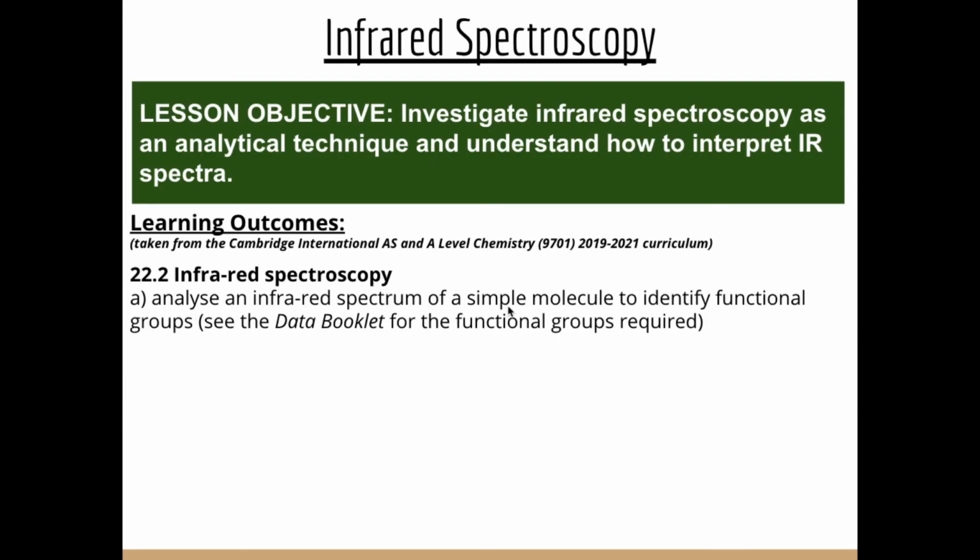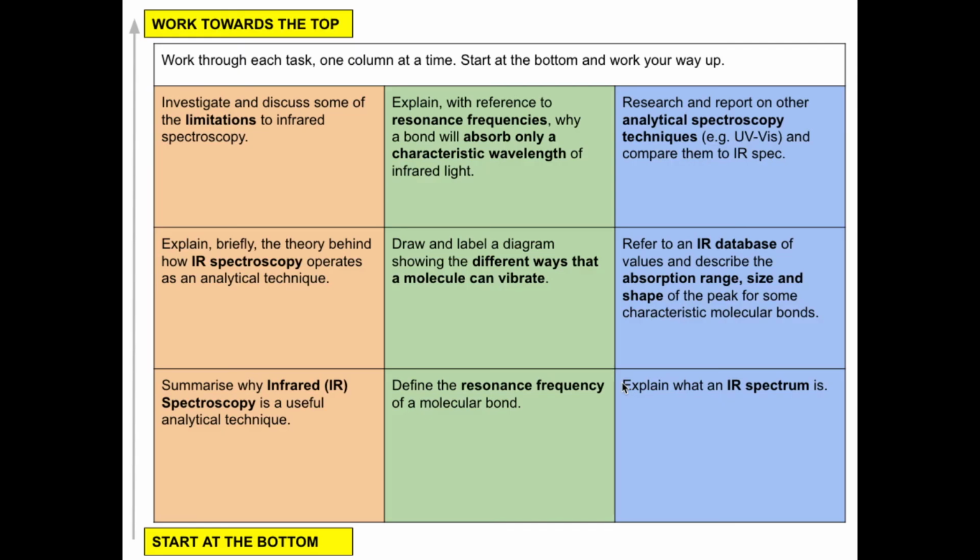We have analyzed an infrared spectrum of a simple molecule to identify functional groups, and we looked at the data booklet for the functional groups required. There are your tasks. Pause and work through, consolidate your understanding on IR spectroscopy. And with that, we've not only finished our final units on analytical techniques, we've also concluded the organic chemistry section of our course. Very well done.